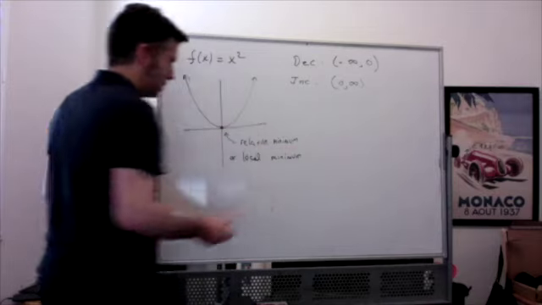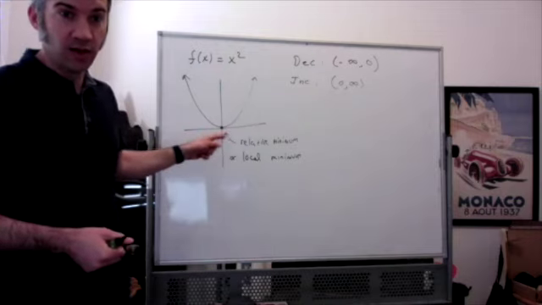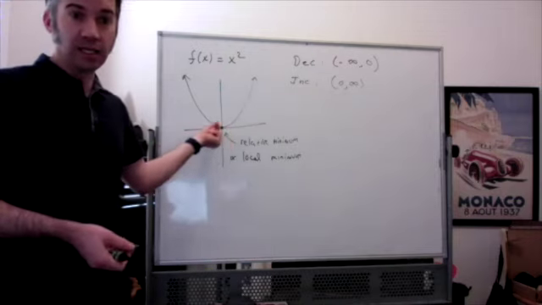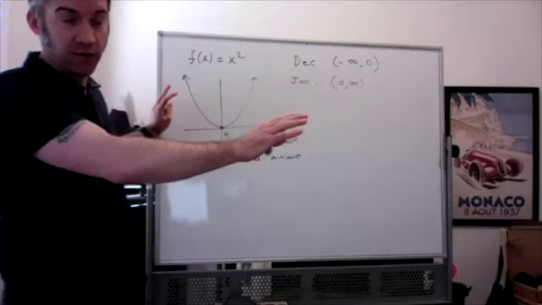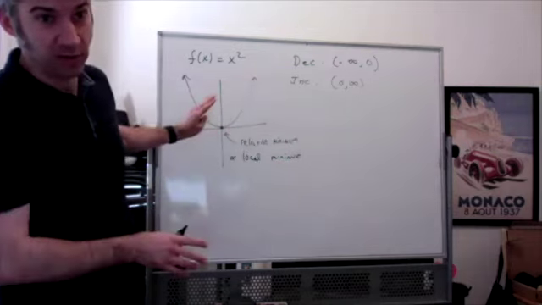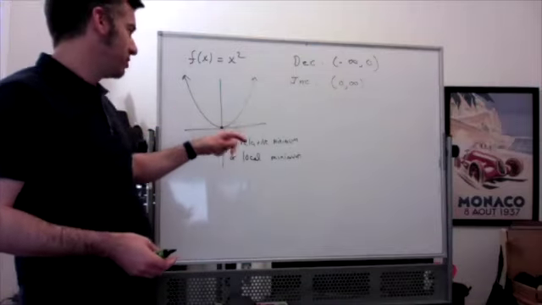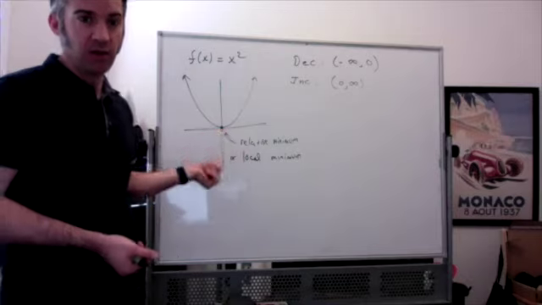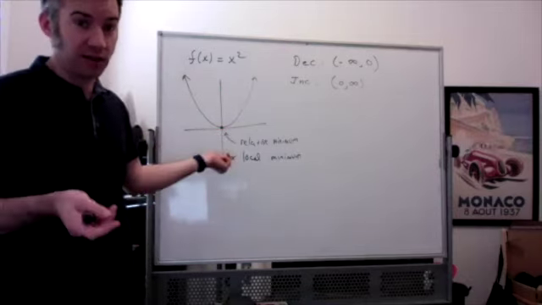These two words just mean that relative to everything next to it, or locally, it is the smallest thing. It might not be the smallest thing on the whole graph, on the whole function. It is for this one, right? That is the smallest thing for the whole function. But when you say a relative minimum or a local minimum, you just mean it's smaller than the things next to it. Maybe not everything, but definitely the things next to it.